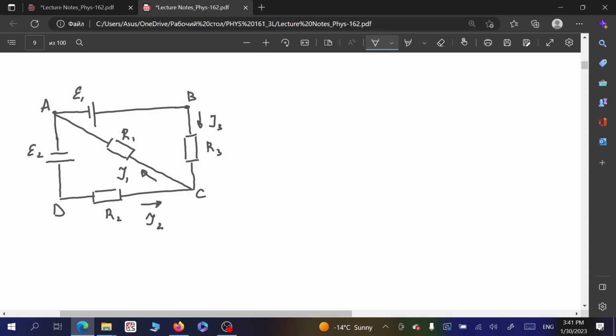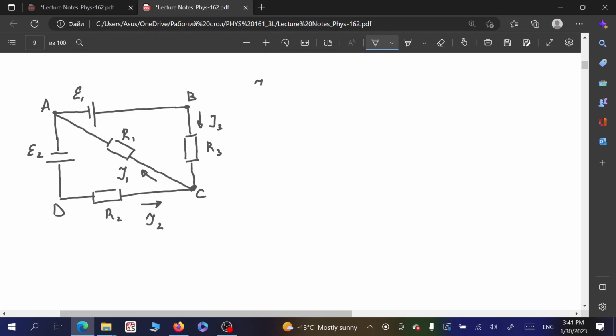So let's say that the electromotive forces and magnitudes of resistors are given, and we need to determine the magnitudes of electric currents in each part of this electric circuit. That means we need to determine I1, I2, and I3. For that purpose, we need to apply Kirchhoff's rules. So first of all, let us consider this junction C, and for this junction C, let's consider the junction rule.